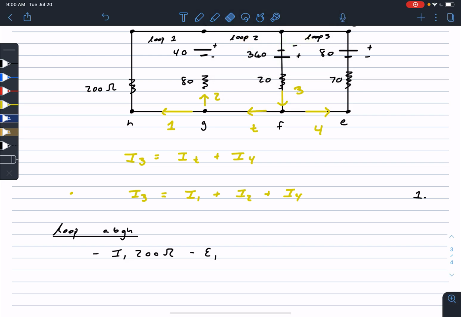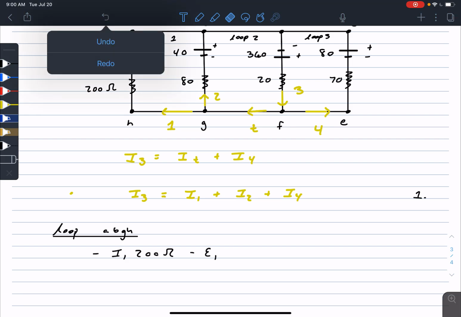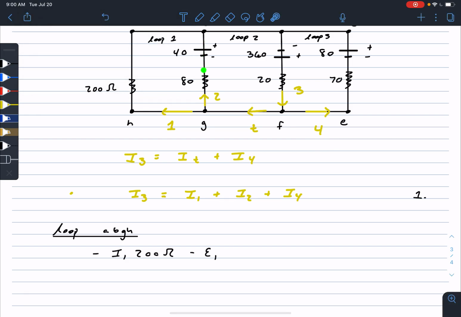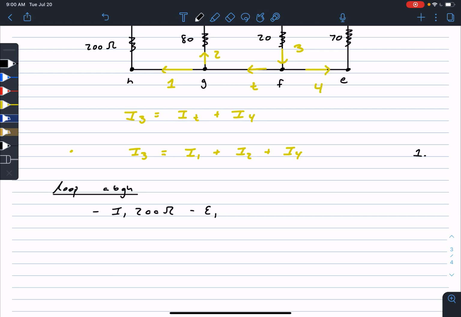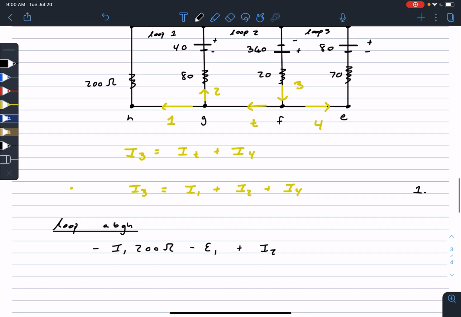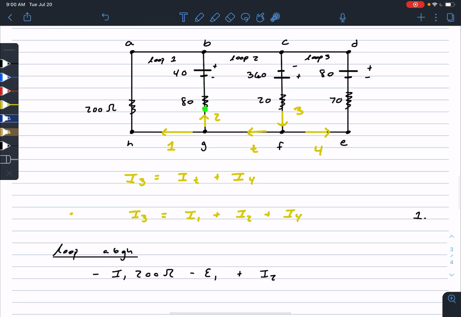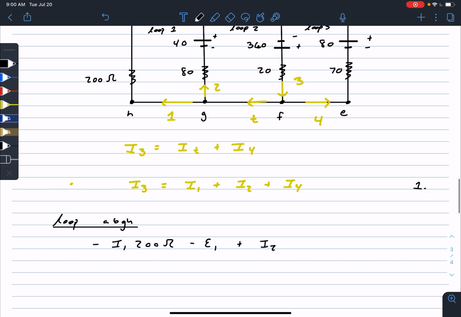We're going this way against the current through the resistor, so that's actually going to be a positive value. So positive I2, because we are now on the section of wire with current 2, times 80 ohms. And that's all equal to 0.